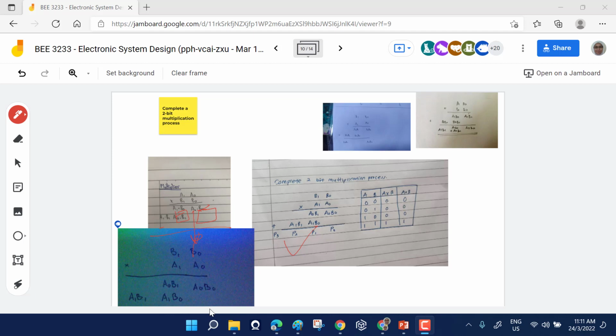Okay, when it mentions a 2-bit multiplication process, there must be a product coming out here, and the number of product bits must be correct.